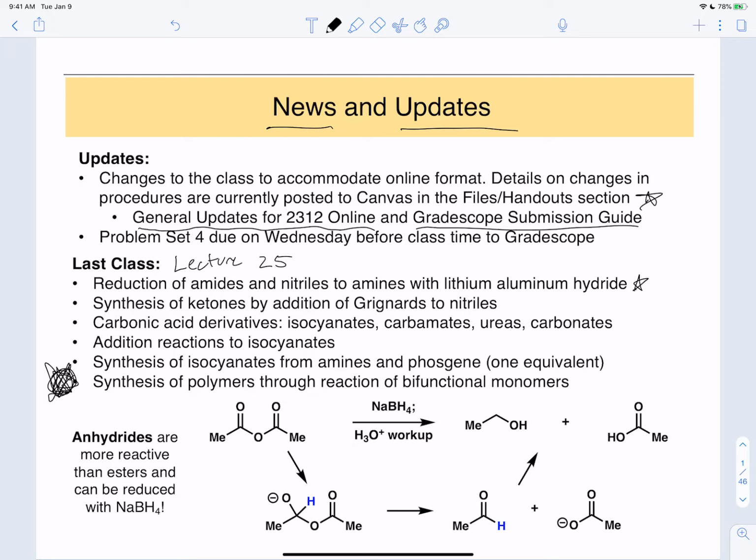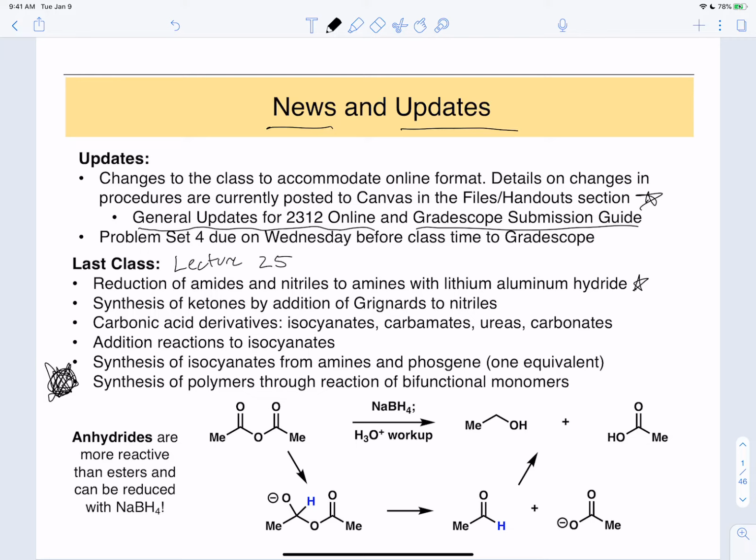And the last element I wanted to mention is sort of something in between in terms of reactivity. We talked about how acid chlorides could be reduced by sodium borohydride in class because these are much more reactive than any other carboxylic acid derivative. But something else that can also react with sodium borohydride is anhydrides.